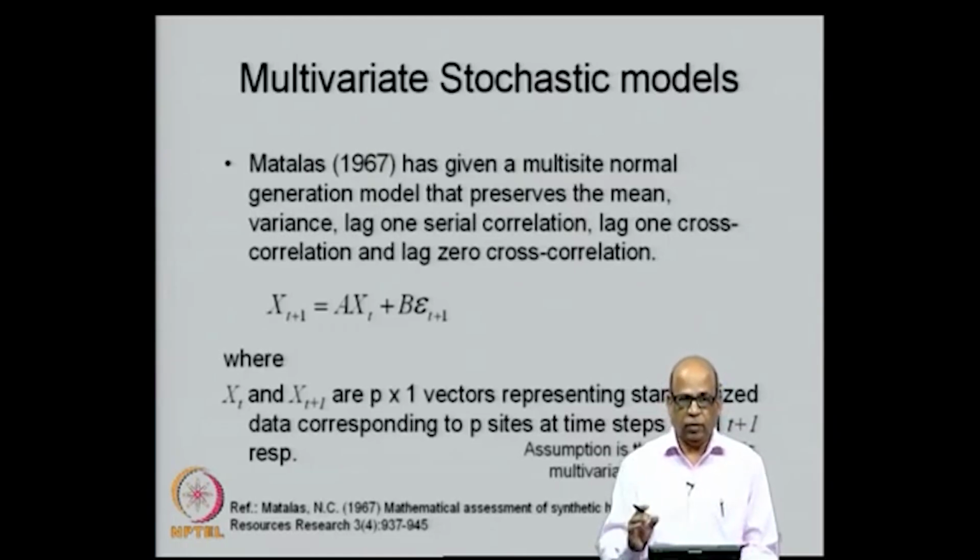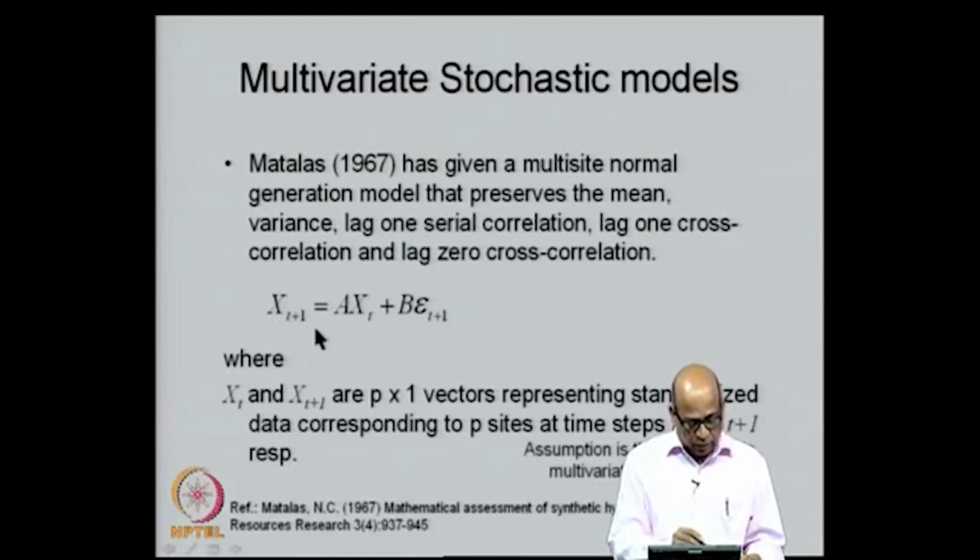I keep repeating this because serial correlation is important when we are talking about multi-site models, in the sense that it has to preserve the structure of the time series at that particular location, as well as it must preserve the cross correlations with the other time series, and therefore, both serial correlations as well as cross correlations become important in this.